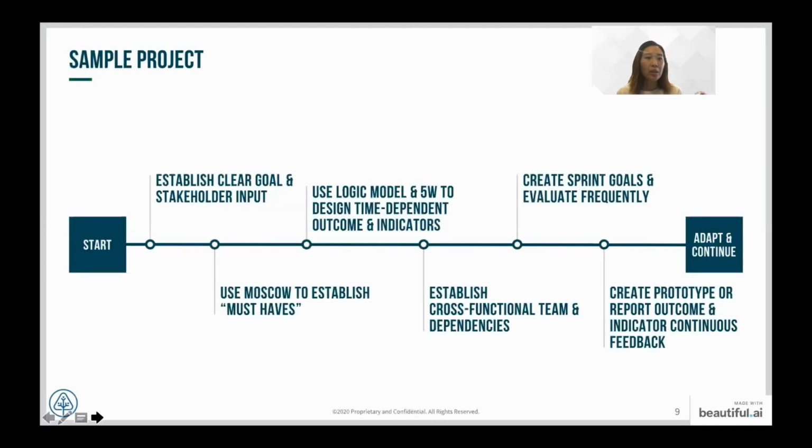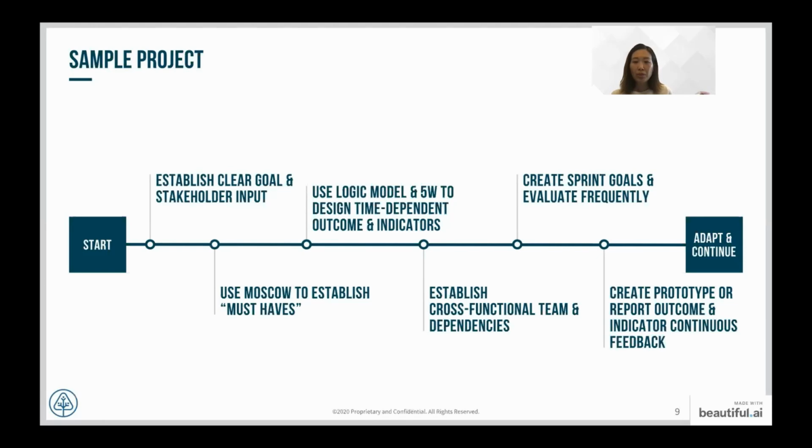A sample project process from start to adaptive and continuous phase include, you may start out with establishing clear goals with the stakeholder input, and then you use Moscow model to establish must-haves. You use logic model and 5W to design time-dependent outcomes indicators that are very clear.